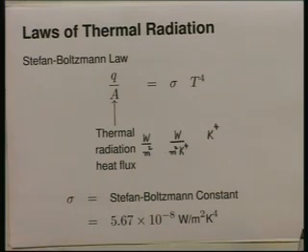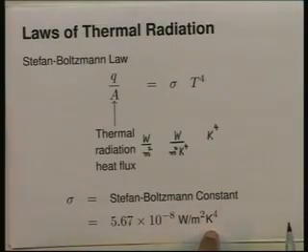And from experimental data, the value of sigma has been determined to be 5.67 into 10 to the minus 8 watts per meter squared Kelvin to the power of 4. This is the value of the Stefan-Boltzmann constant.